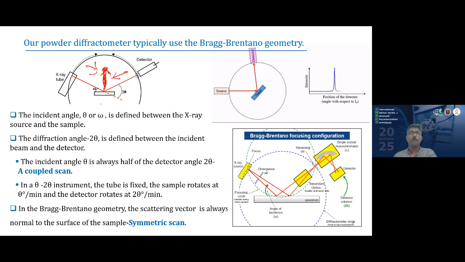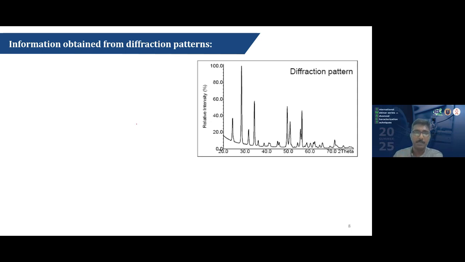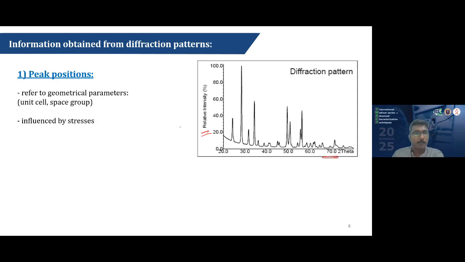So what information can we get from this diffraction pattern? A typical diffraction pattern in a theta to theta geometry is shown in the figure. This is a relative intensity versus 2 theta graph. From this, what information can we get?